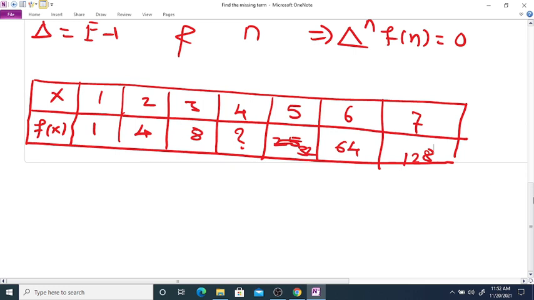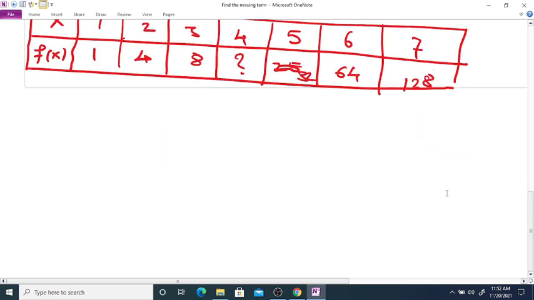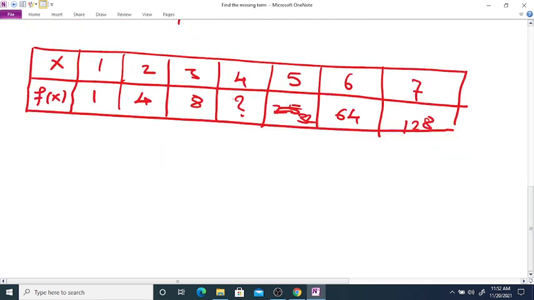So this data is given, and we want to determine the missing term when x is equal to 4.